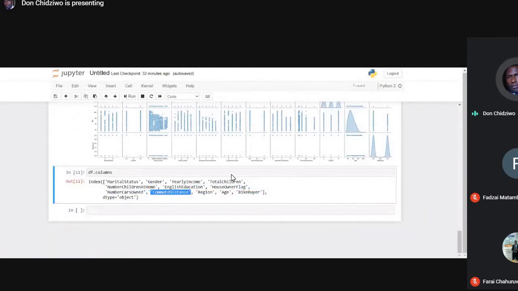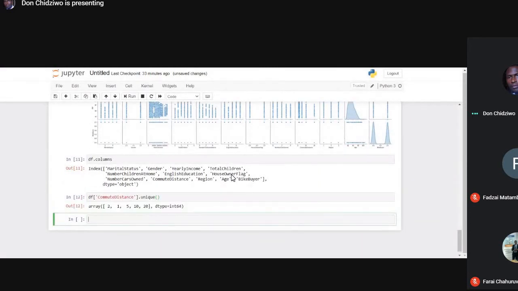At a glance, you would think it could be continuous, but can you see even this is not continuous? Probably less than 1 and so on.